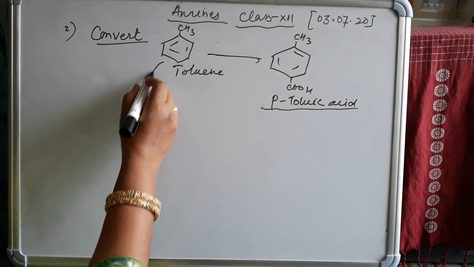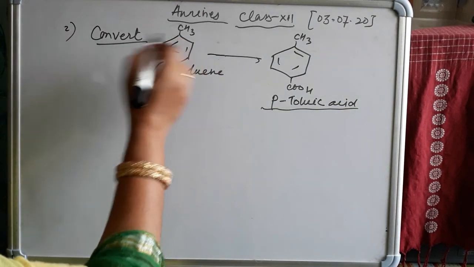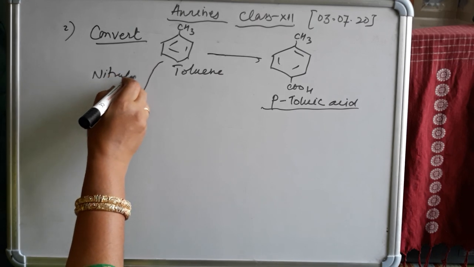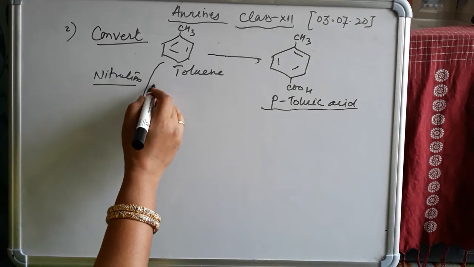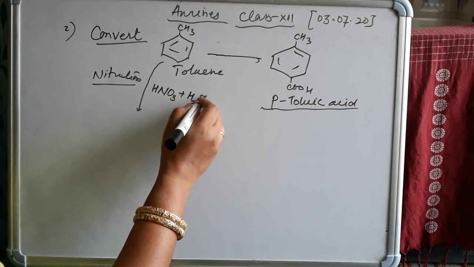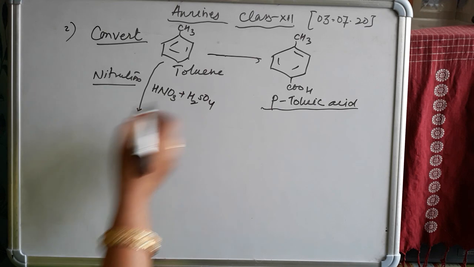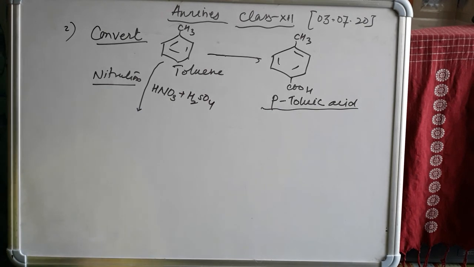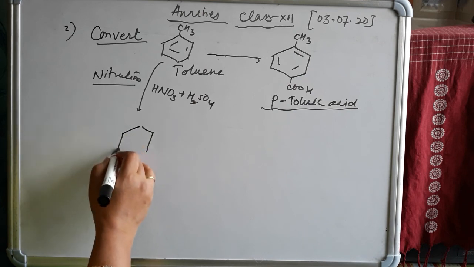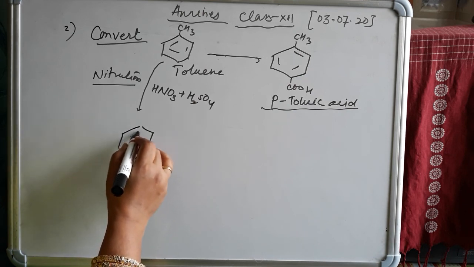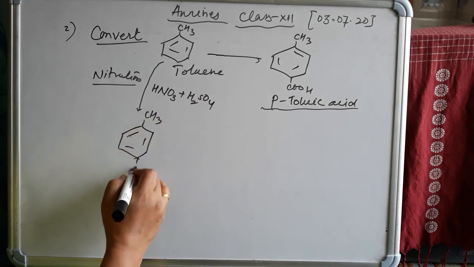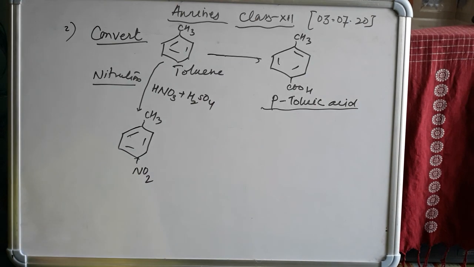So at first we will do nitration of this compound. See here, for nitration we use the nitrating mixture HNO3 plus H2SO4. By reacting with each other, NO2 electrophile is generated. NO2 is attached at the para position.